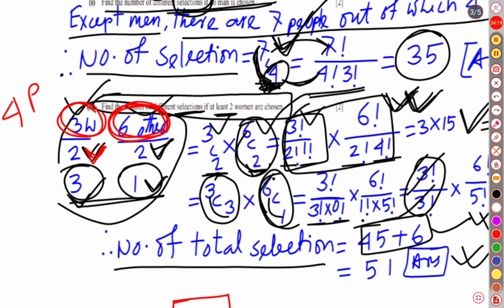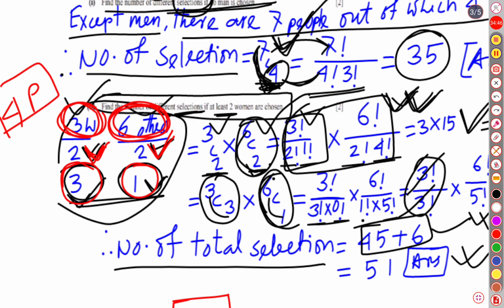In the first question you might have observed that we will have to choose 4 people. So out of 4, if 2 women are chosen, then 2 should be chosen from the remaining ones. Then if we choose 3 women, then we will have to choose 1 from the other remaining people.